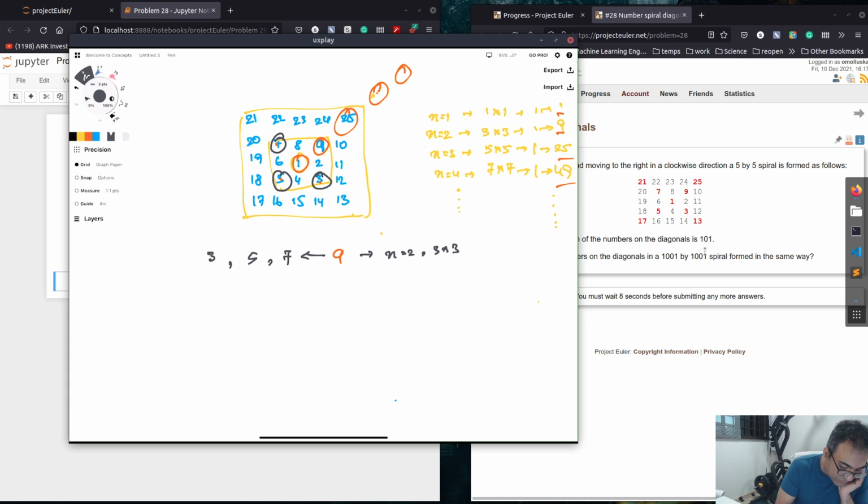How about 25? This thing over here. I need to find this one and this one, and let's see if we have a pattern emerging. This is n equals 3, that would give a 5 by 5.